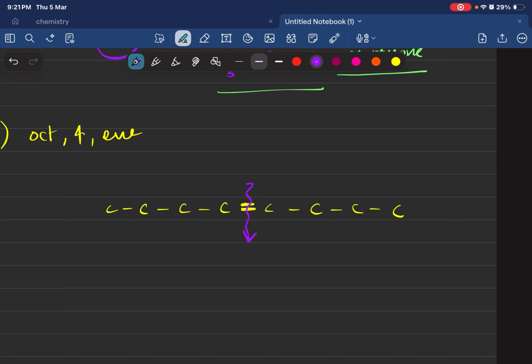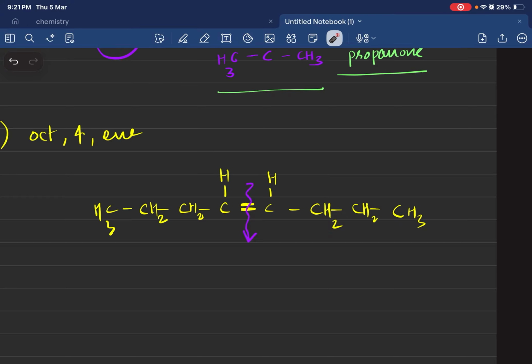You can see it for yourself. If I draw the hydrogens only for this, then CH2, CH2, CH3, CH3, CH2, CH2. You can see this carbon has one hydrogen and one methyl group. When you have one hydrogen and one methyl group, what do you form? You form a carboxylic acid.